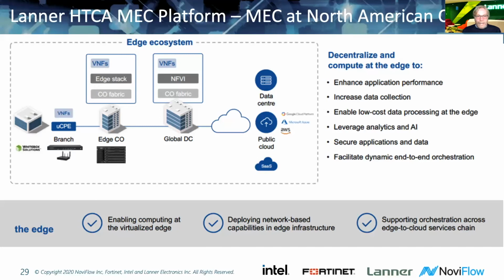Therefore, the edge central office is the critical entry point of a network, and that's where the platforms reside. This is a major service provider in North America who is leveraging the tools and the technology built into the platform to have low-cost data processing at the edge, but also introduce artificial intelligence and analytics right towards the edge.